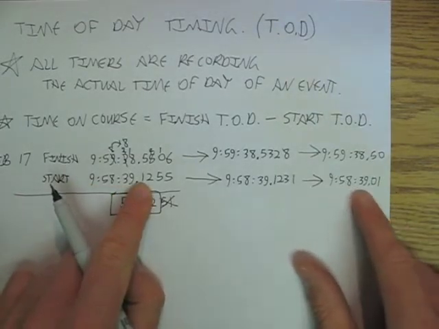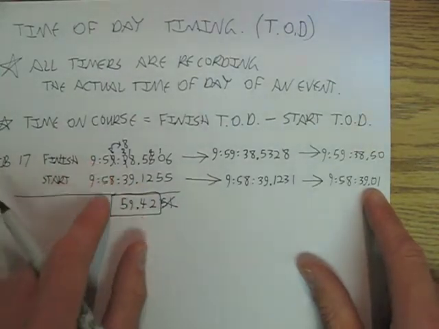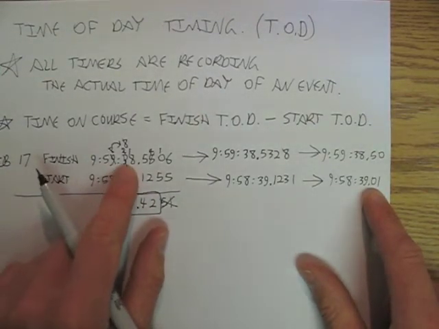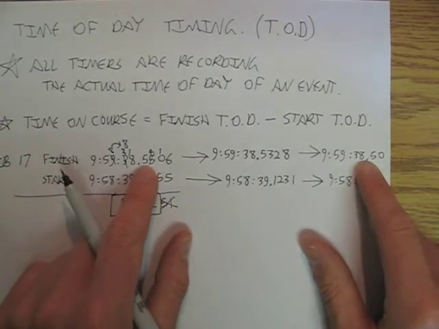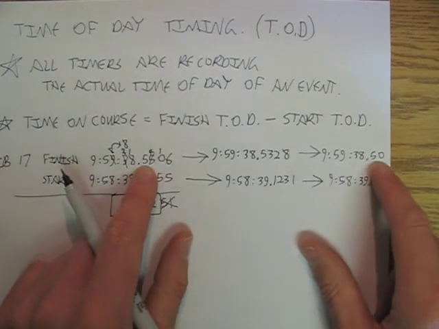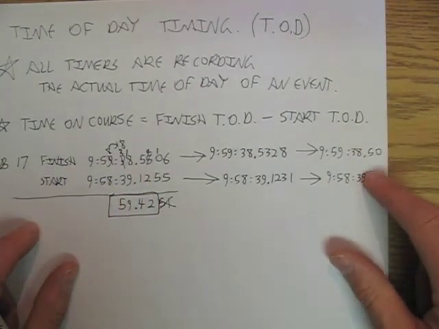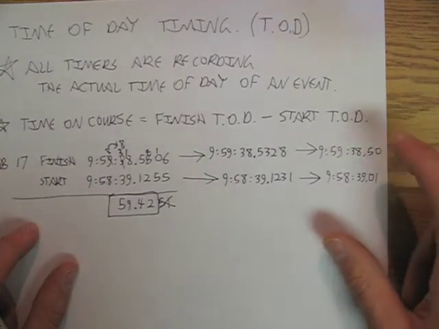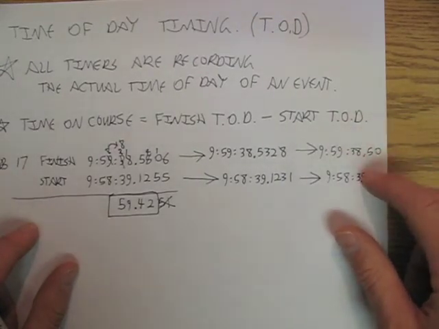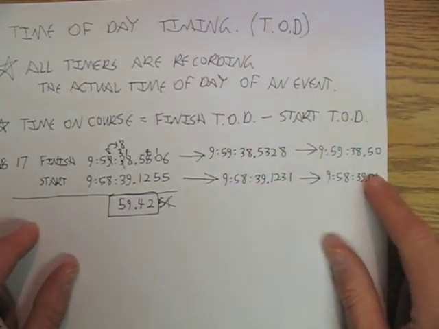So now they're still going to be really close: 95839.12, 95839.01, and 9583855 versus 9593850. There's going to be even more variation in these because these are a person standing out in the cold with a stopwatch, judging when the person goes through the finish.